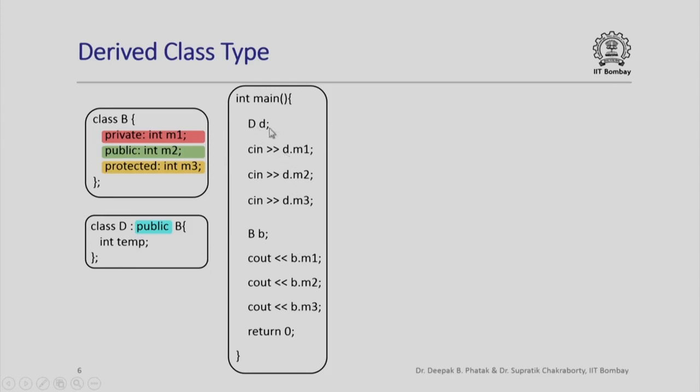Here I am instantiating an object D of class capital D, and then I am trying to read in the members D.M1, D.M2, D.M3. Note that these members M1, M2, M3 are actually members of the base class B, and we are trying to access these members in an object of class D because the class D itself is derived from the class B.